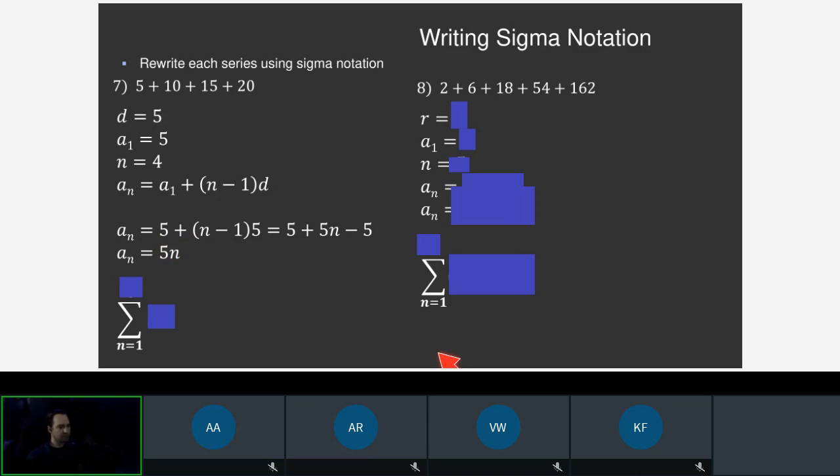You just do quick checks. Yes, the top is 4. So then once we have that, we just plug everything in. We're going from n equals 1 to 4 because that's how many terms we have in our sequence. And then we use the derived expression, which is 5 times n.